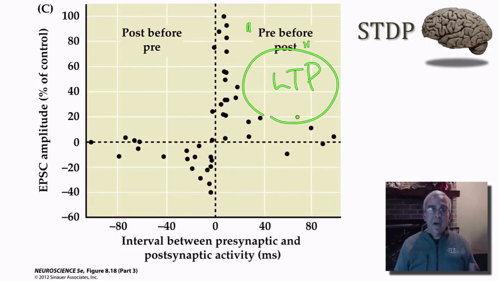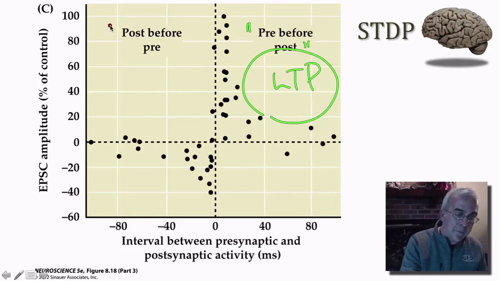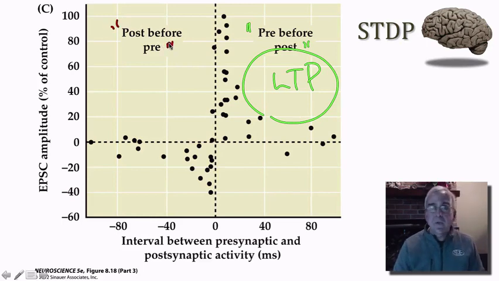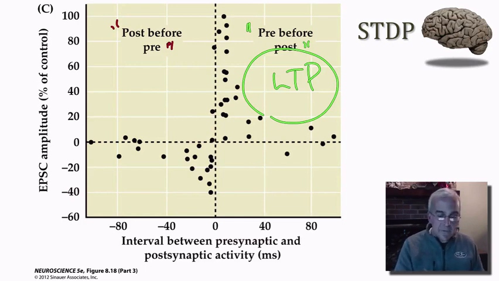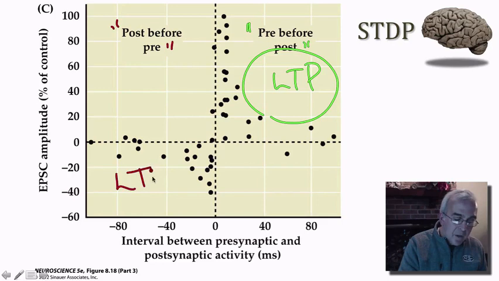This is called a change-up pitch, meaning a change in the speed of the ball. Well, an effective change-up will result in the batter swinging too early. That is, the bat will pass through the hitting zone before the baseball arrives. I like to think of that as post before pre. The bat passes through the hitting zone too soon, before the opportunity to hit the ball arrives. Well, that's not a good thing for the batter. We might call that long-term depression.